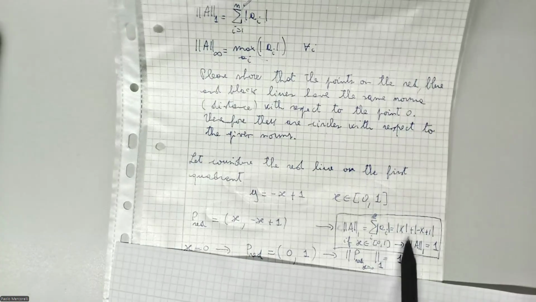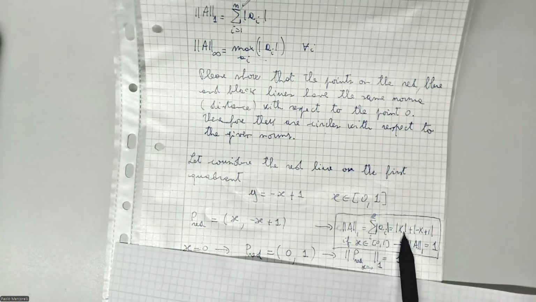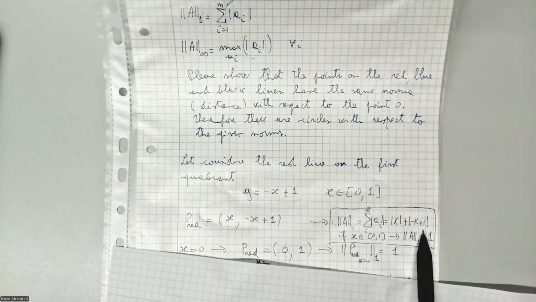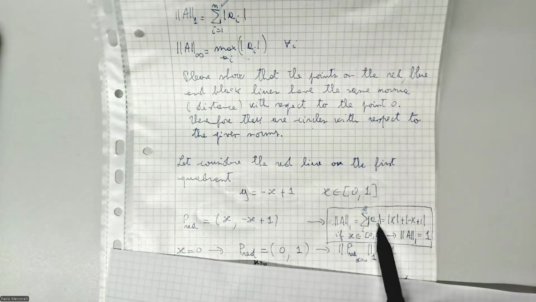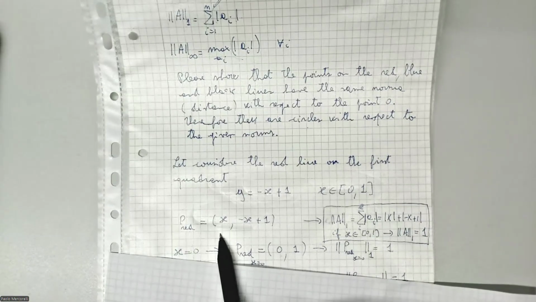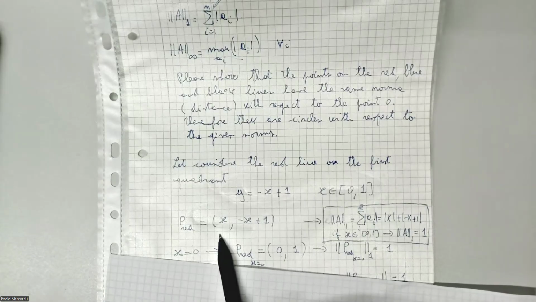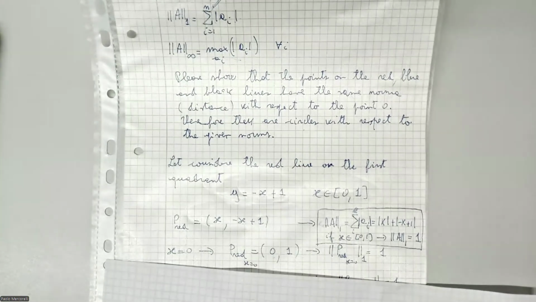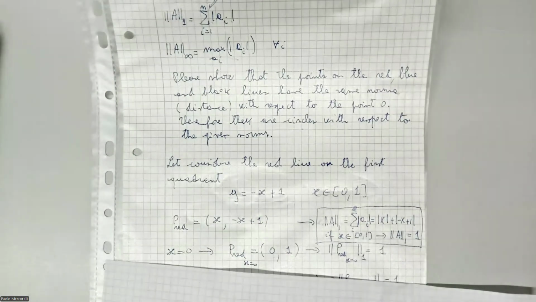It's not a different metric. This implies the absolute value of x plus the absolute value of minus x plus 1. Why that? Because the vector A_i in this notation is characterized by A1 equal to x and A2 equal to minus x plus 1. Try to think in abstract form. Too difficult? We have two components, A1 and A2, in accordance with this definition, nomenclature.